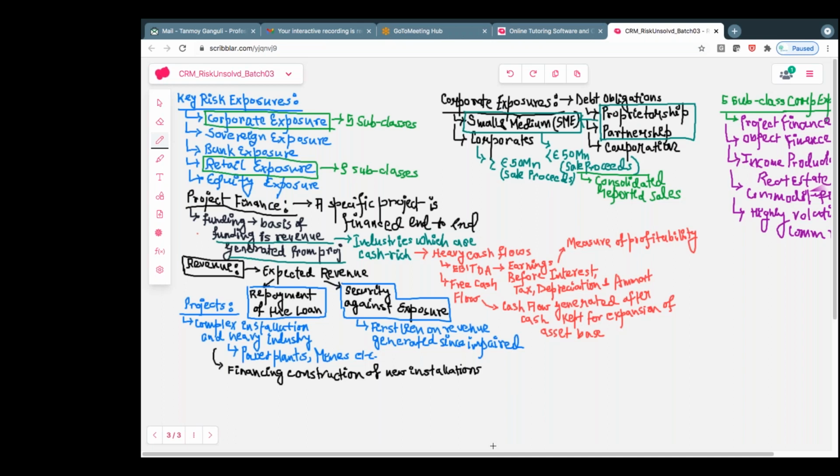Whenever we have new installations, financing the construction of these new installations is an important part.